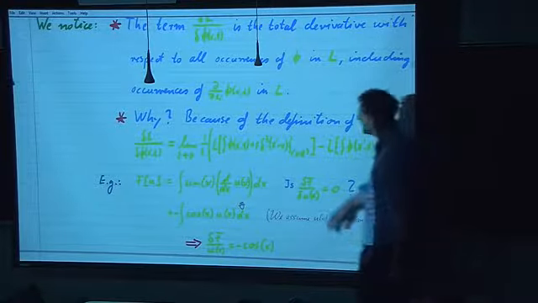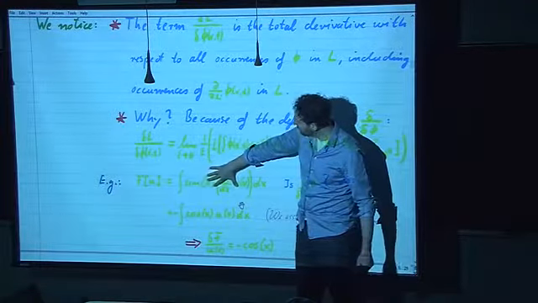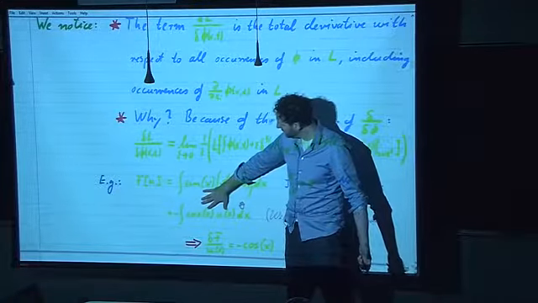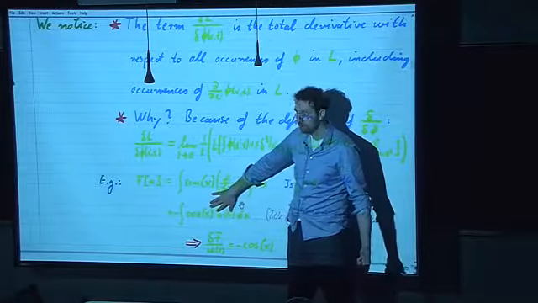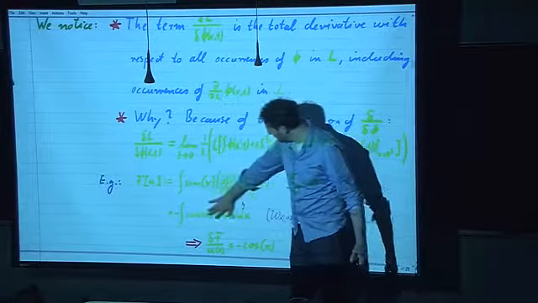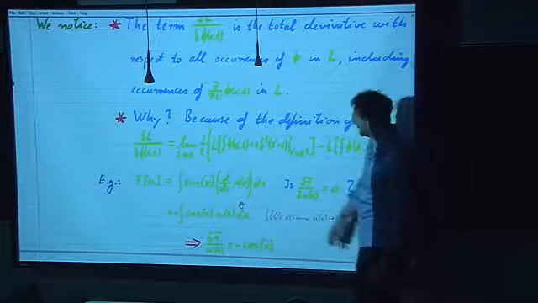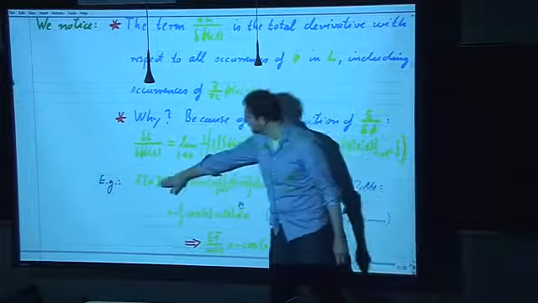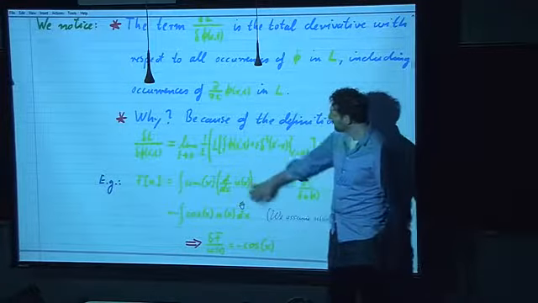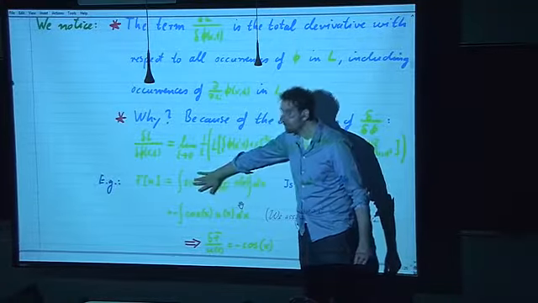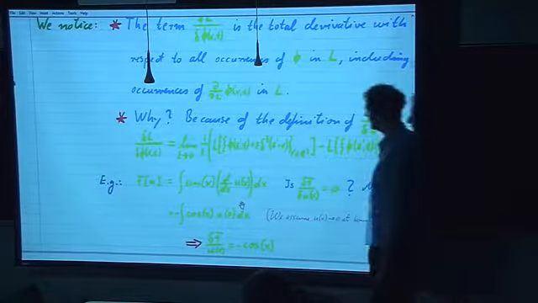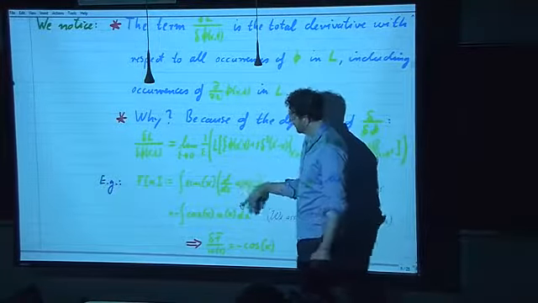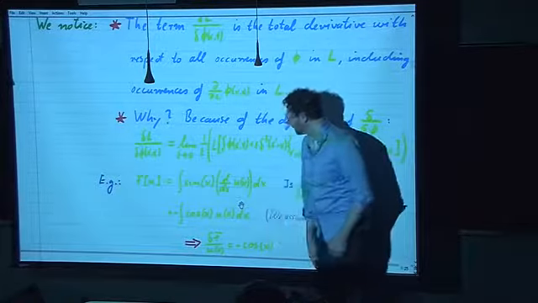So no boundary term. Then we have that this functional can be equivalently written in this way, and now we see there cannot be any doubt that the functional derivative with respect to u should pick up something. And indeed what it will pick up, of course, is minus the cosine of x. So the functional derivative of F of u is not sine of x, it's minus cosine of x, as it happens. And that has to do with the fact that the u didn't occur just trivially, but it occurred with a derivative in it.